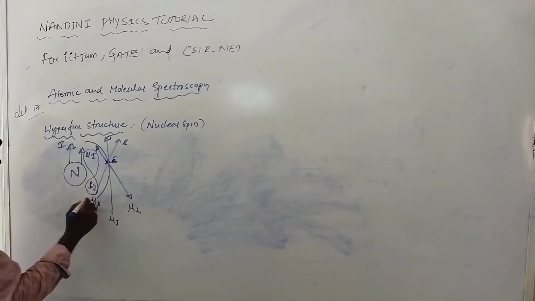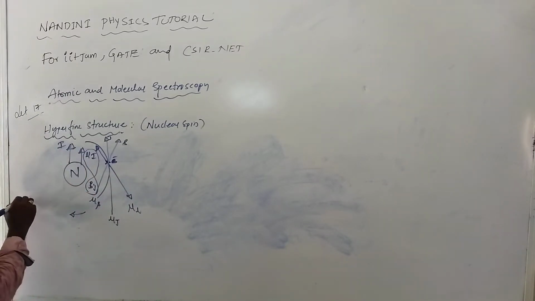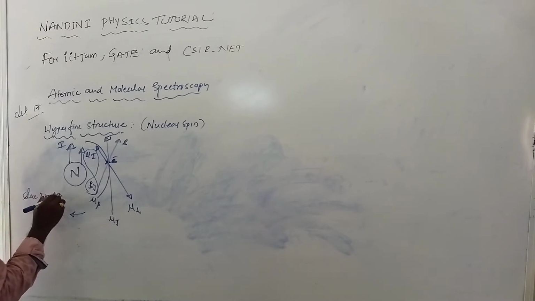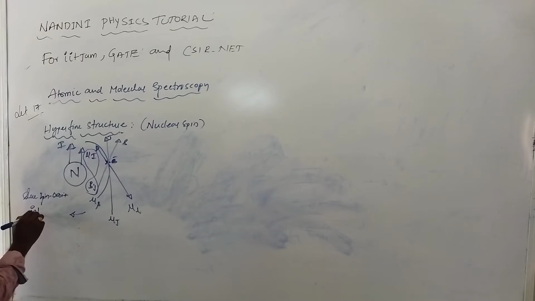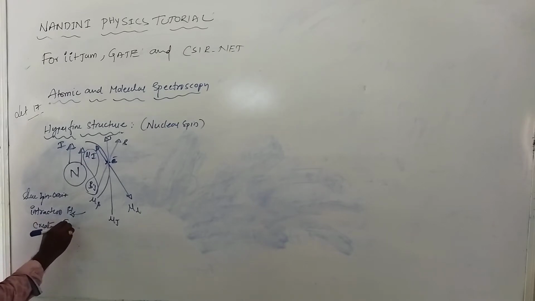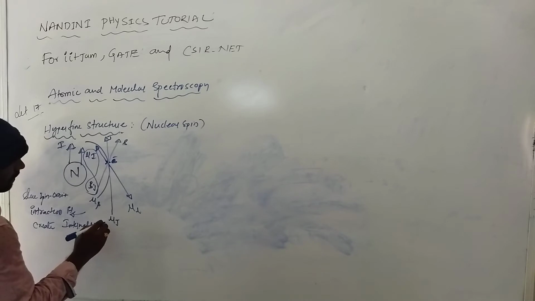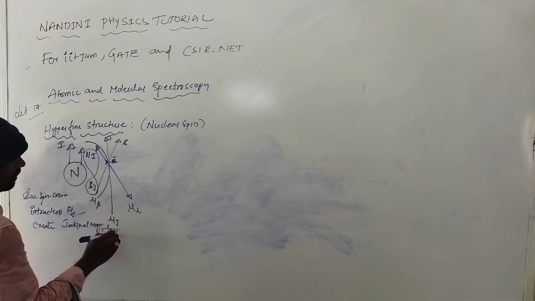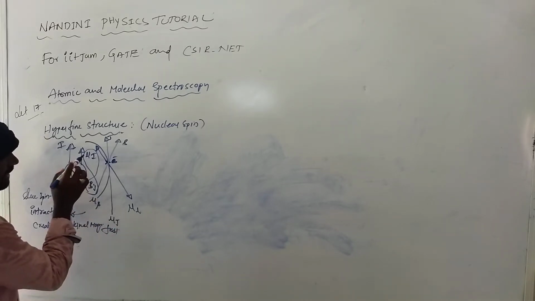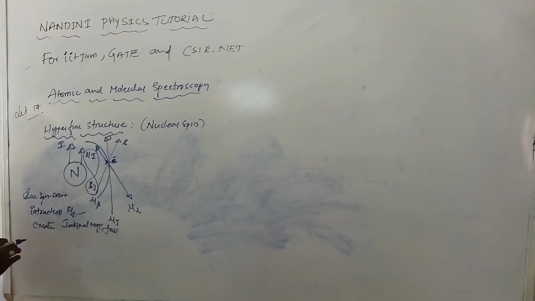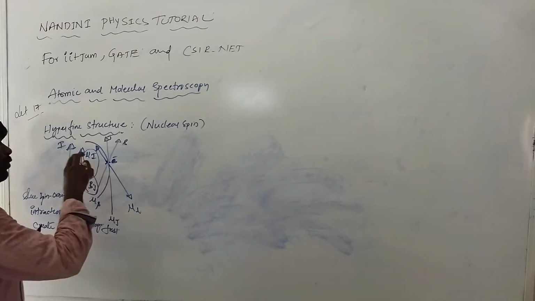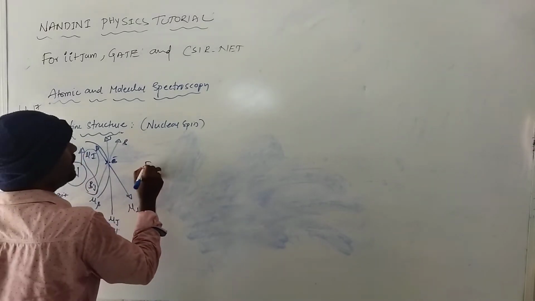Due to spin orbit interaction, it creates an internal magnetic field. This internal magnetic field interacts with the nuclear spin magnetic moment, and due to this interaction they create some interaction energy.